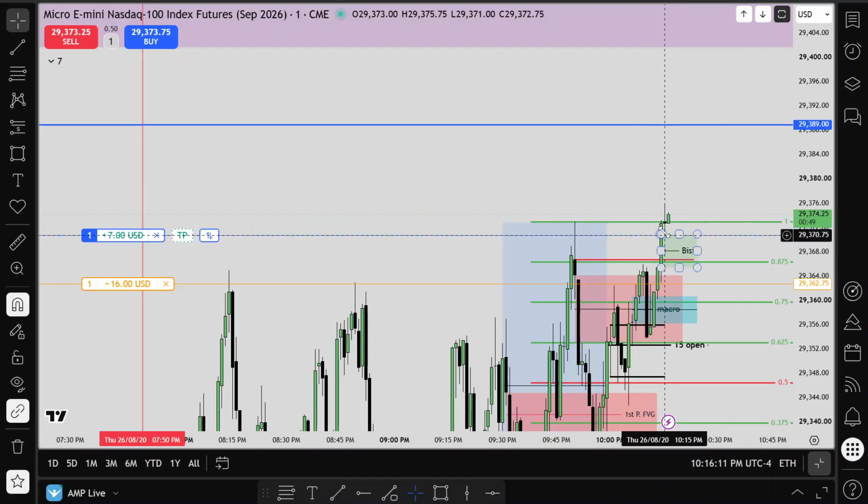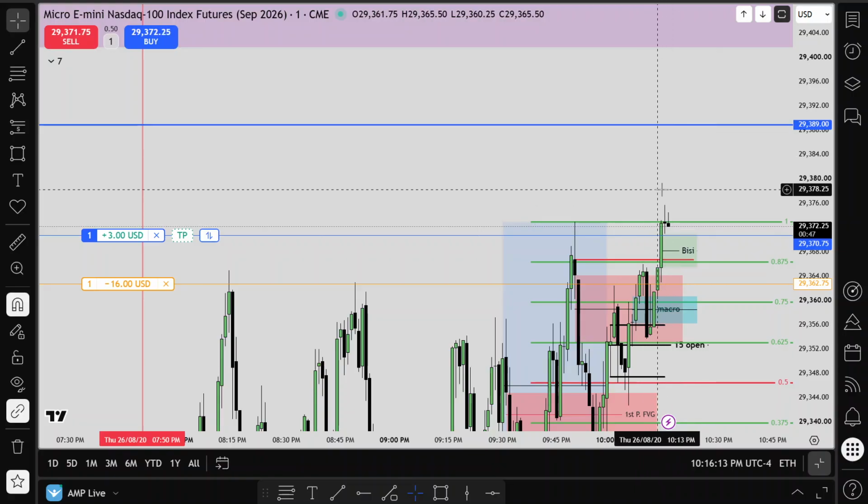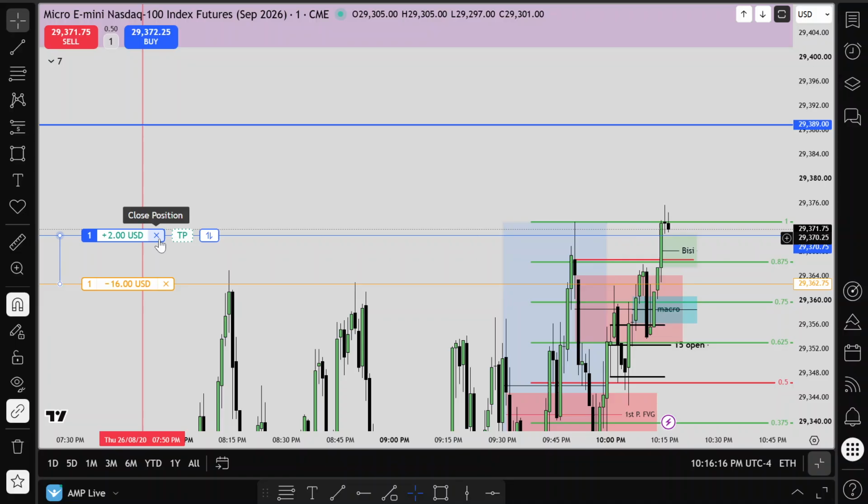I didn't want to give it time to form another candle and then be gone and then I'd be all the way up in here. I still might end up, might.